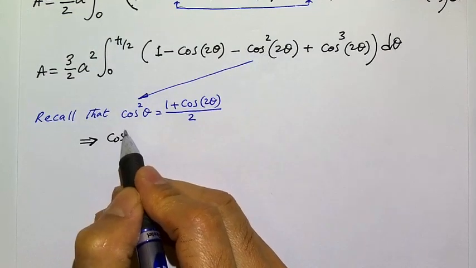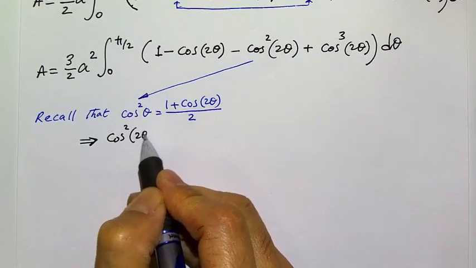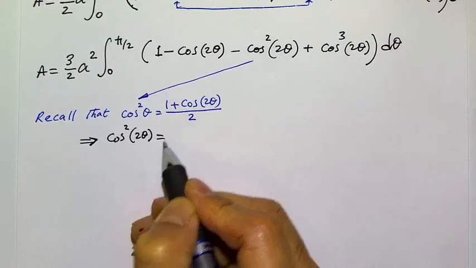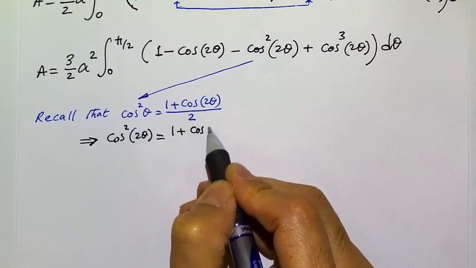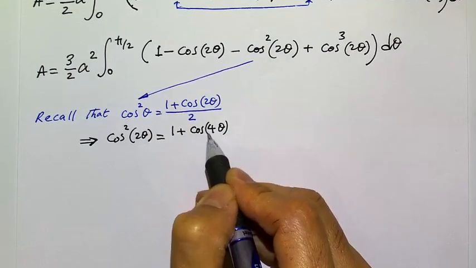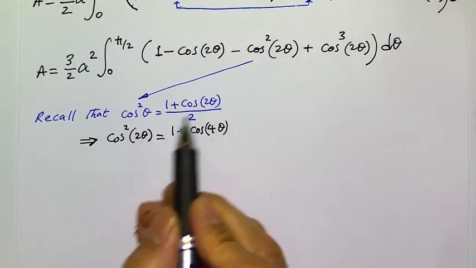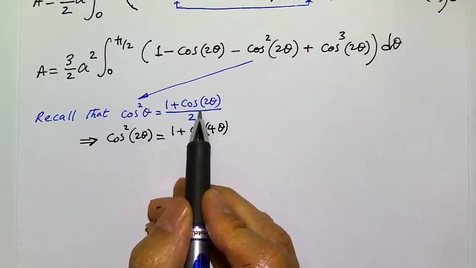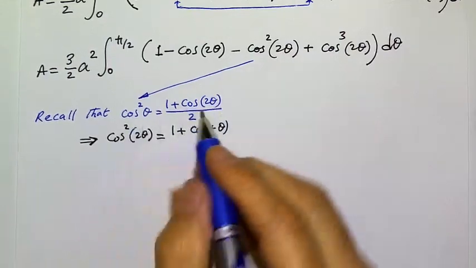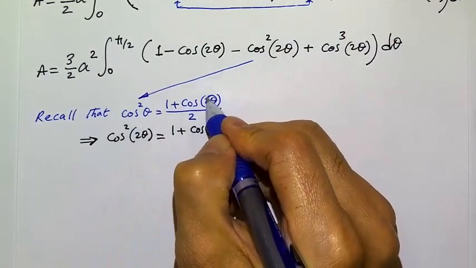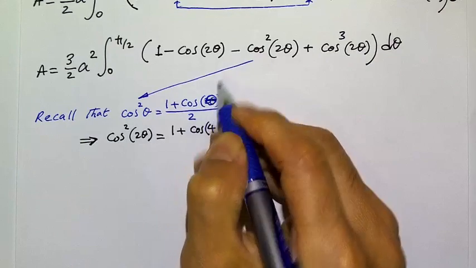So cosine squared 2 theta is going to be equal to 1 plus cosine of 4 theta, over 2. Sorry, let me correct that. So this is the original formula, so I meant to write it like this.